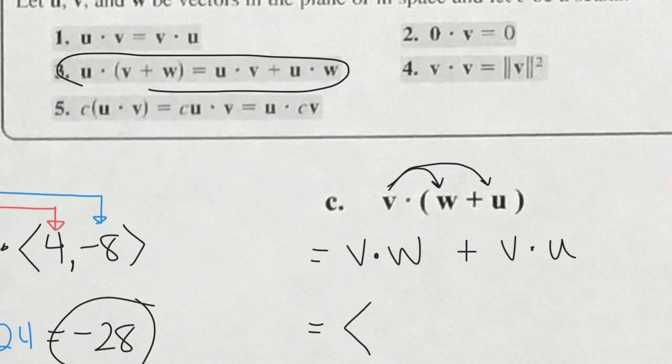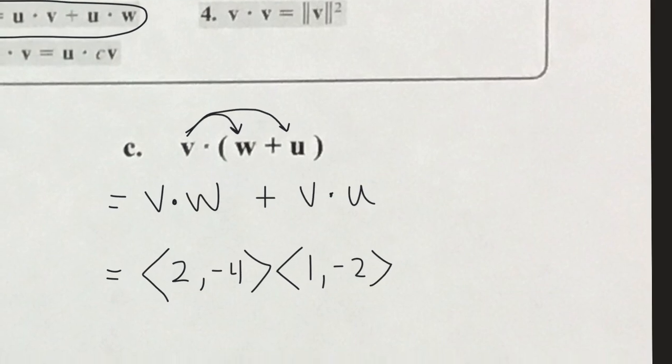So our v vector was 2, -4. Our w vector is 1, -2. Plus my v vector again, which is 2, -4, dot my u vector, which is -1, 3.